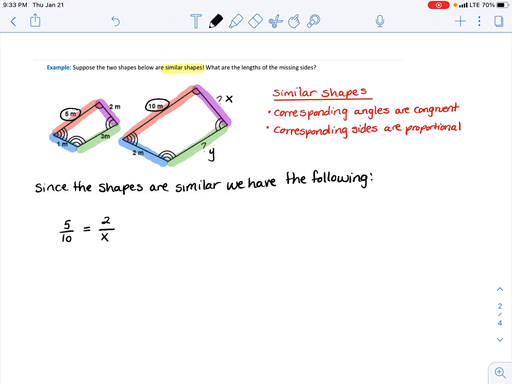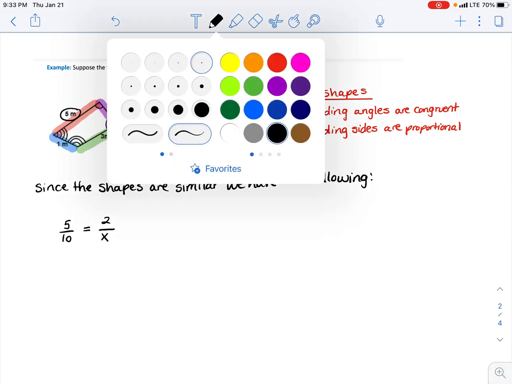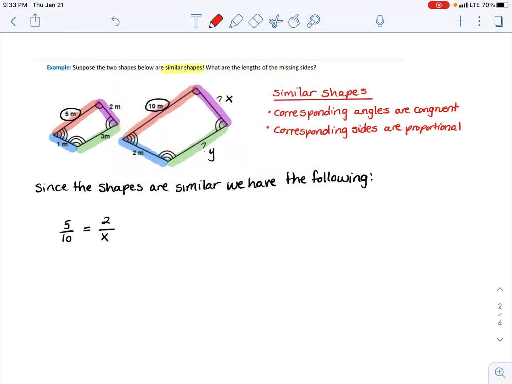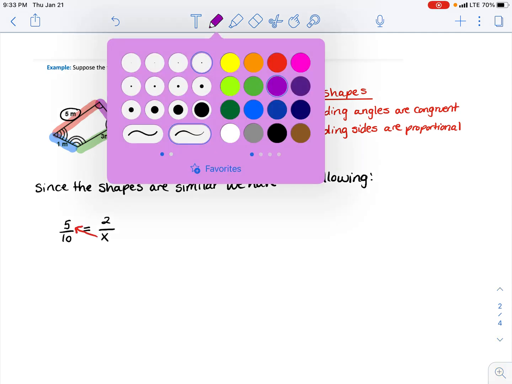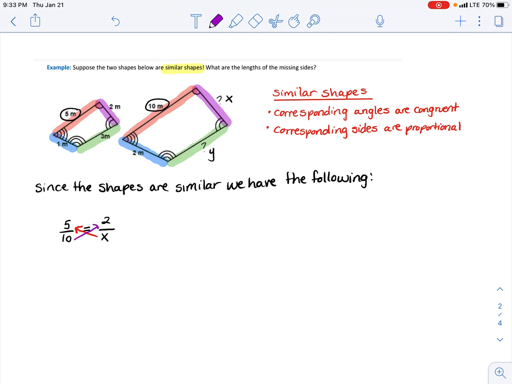And now how am I going to solve this equation for x? Well, I'm going to cross multiply. So here I'm going to multiply the x with the 5, and then multiply the 10 with the 2.